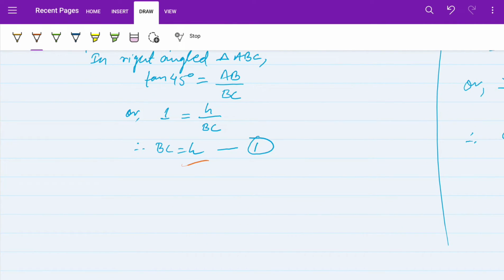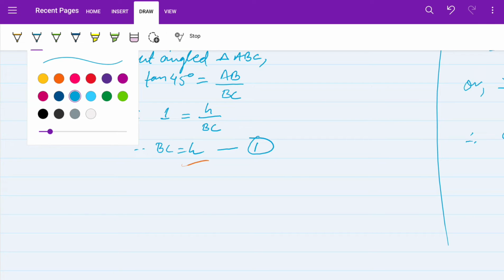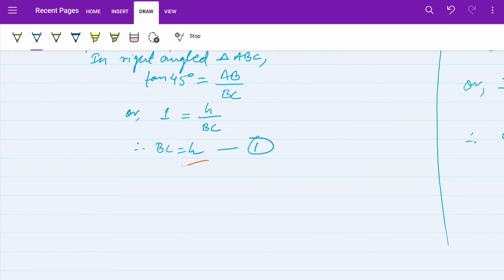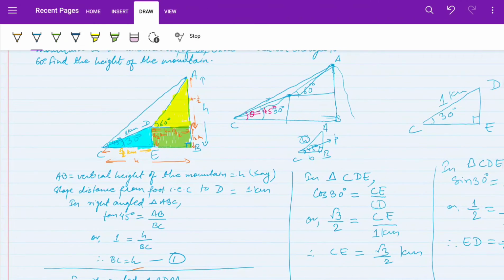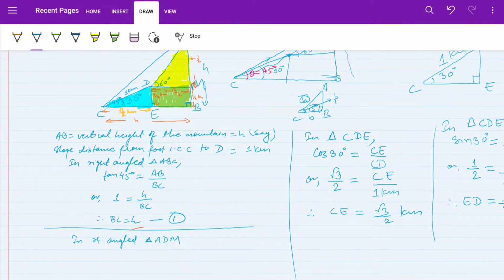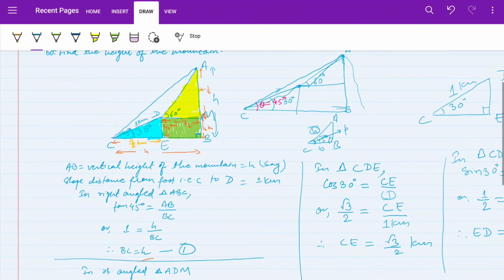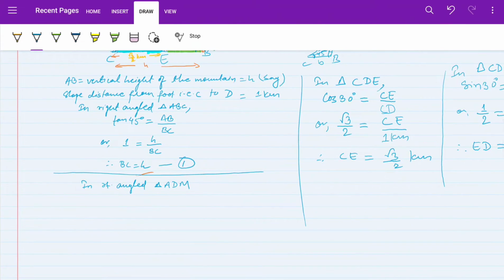In right angled triangle ADM. So here ADM means here ADM in the diagram. So M is here, this is M. So what we have to do is, we simply take tan 60 degree here.